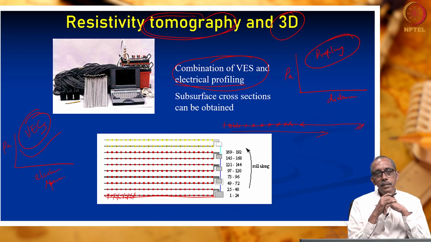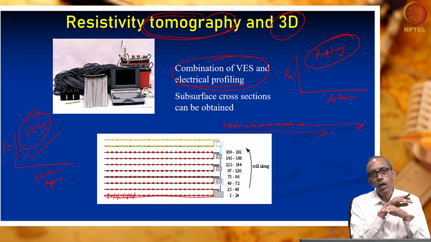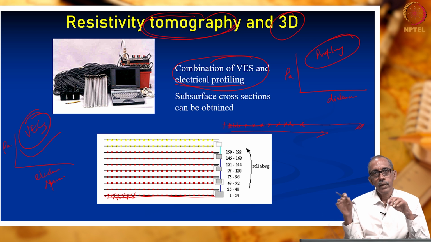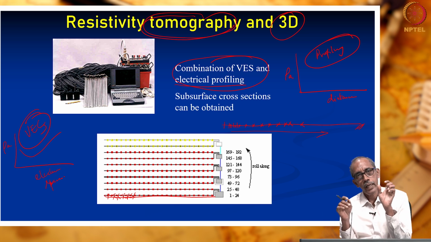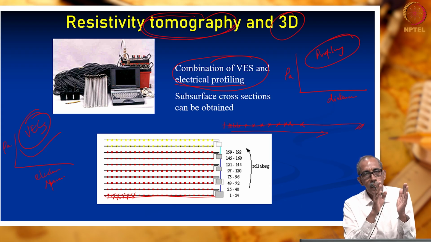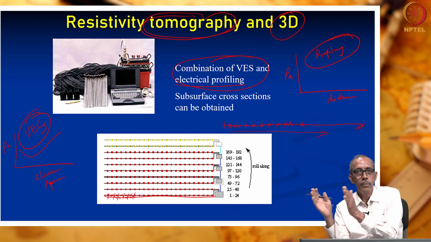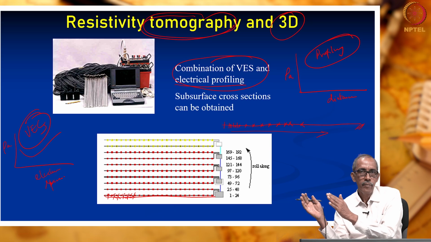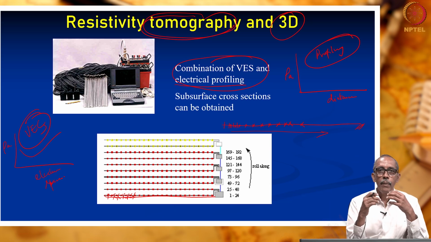Is it clear? Does it make sense to you? That means, along a profile, we conducted profiling. That means, we had used maybe constant electrode spacing, but these electrodes were progressively moved along a straight line and we got apparent resistivity values at different distances.